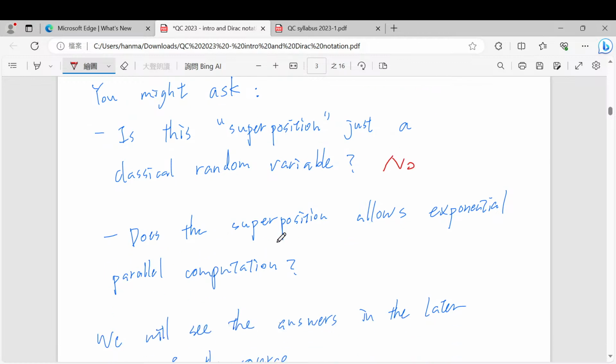And here the answer is also no. It's mostly, well, in most of the cases, no. You don't get exponential parallel computation all the time. You will get exponential speedup only if you design your algorithm carefully on a suitable problem. Okay, any questions so far?